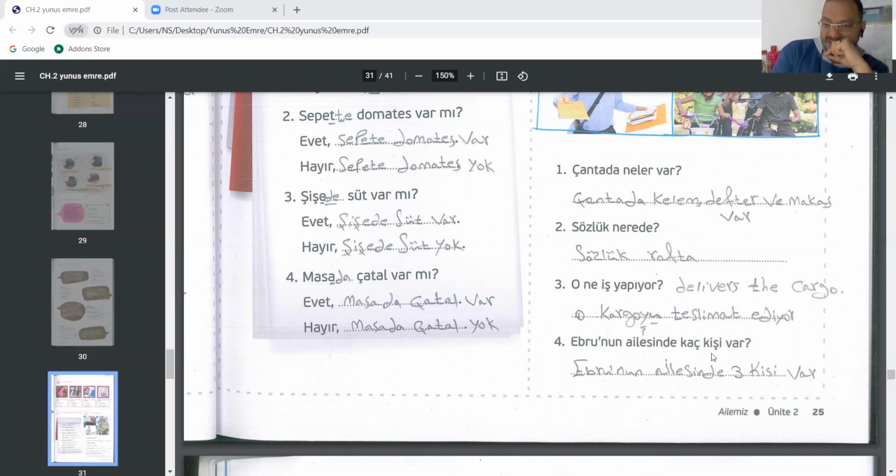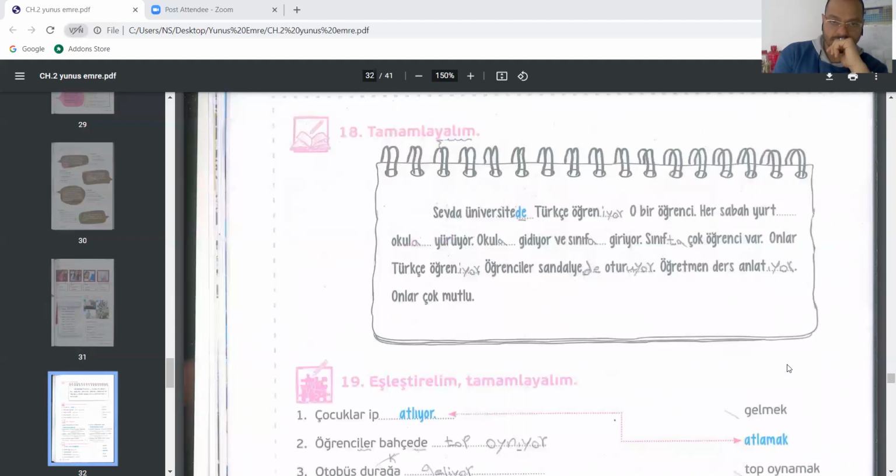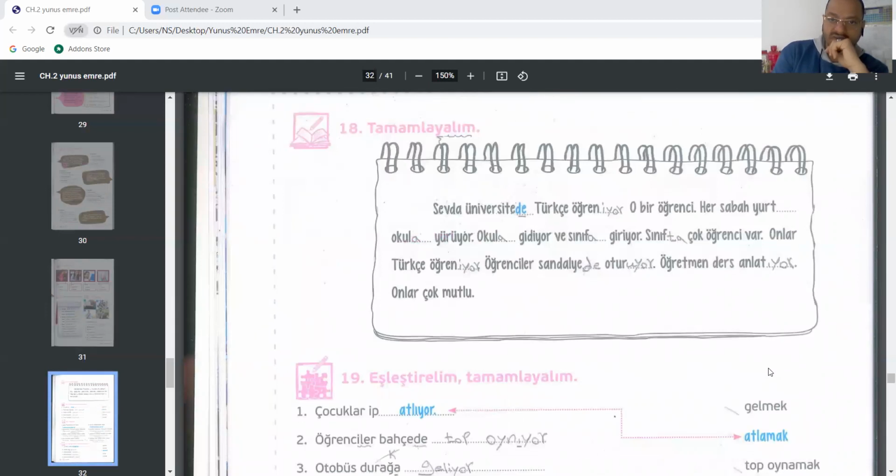Obru'nun ailesinde kaç kişi var? Obru'nun ailesinde 3 kişi var. The Obru's family, he has 3 persons. Sevda üniversitede Türkçe öğreniyor. O bir öğrenci, her sabah okula yürüyor.